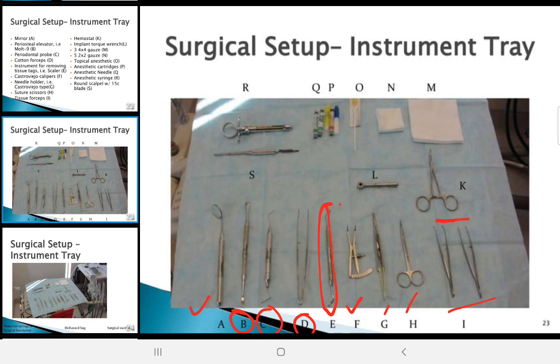Then we have a hemostatic forceps, implant torque wrench, the gauze of 4x4 size and 2x2 size, topical anesthetic solutions, anesthetic needle, anesthetic syringe and BP blade number 15.